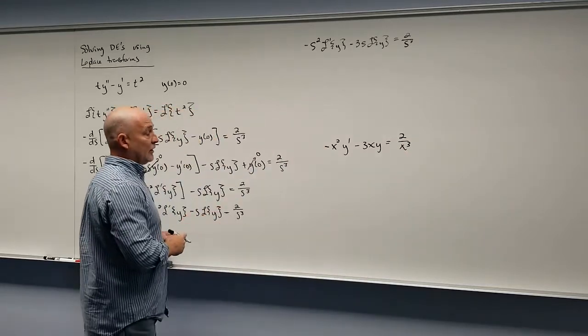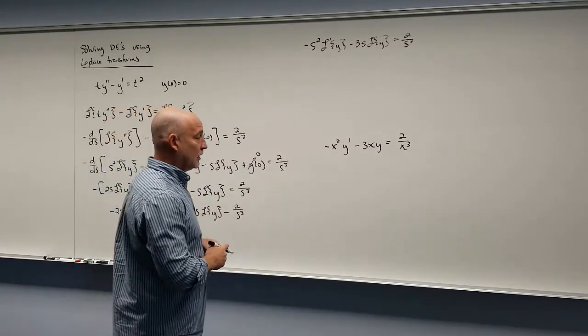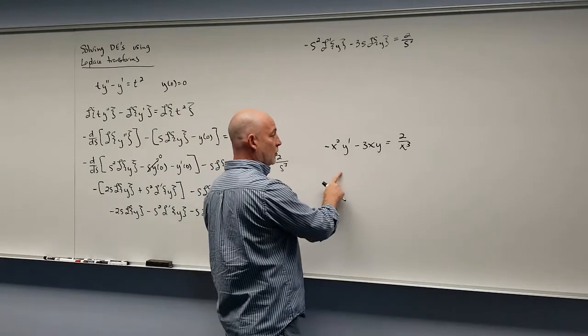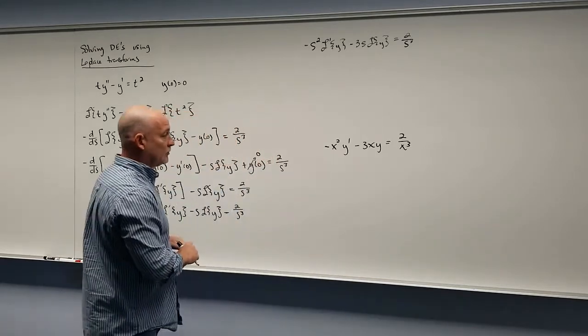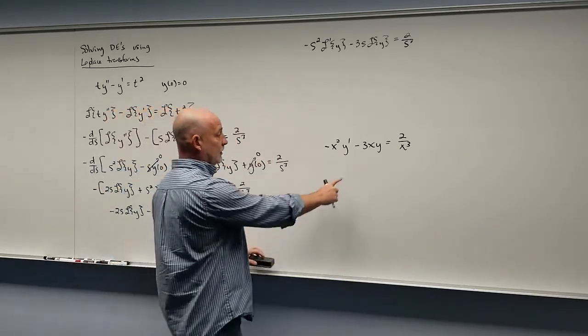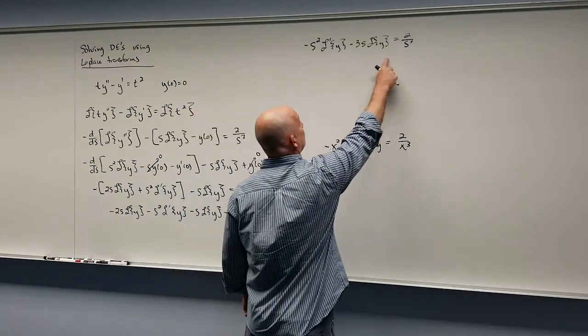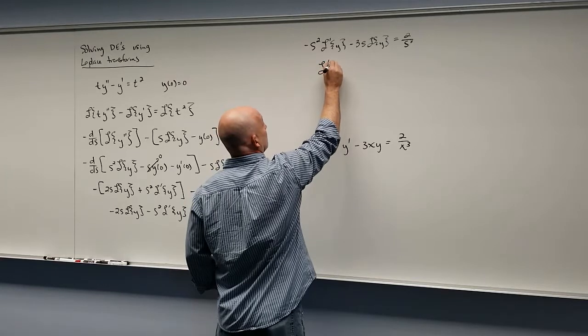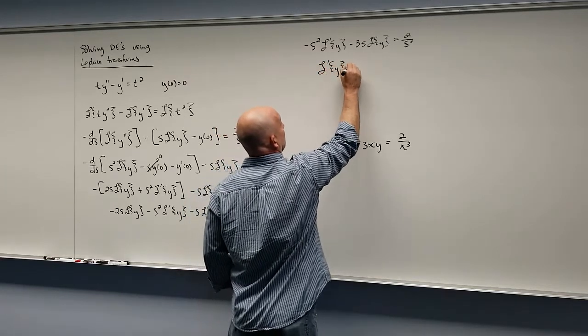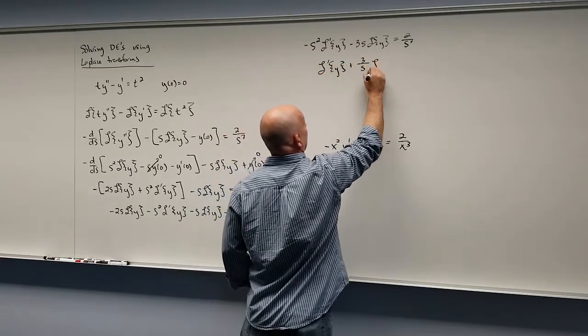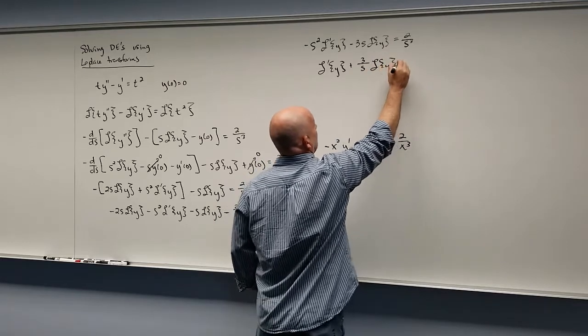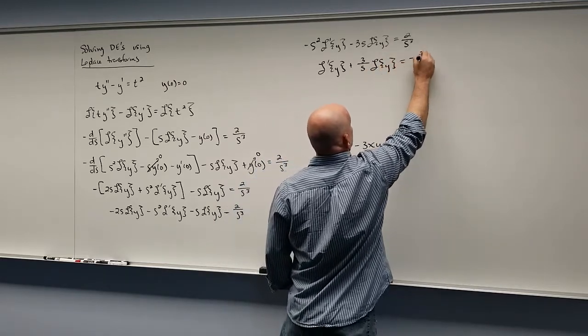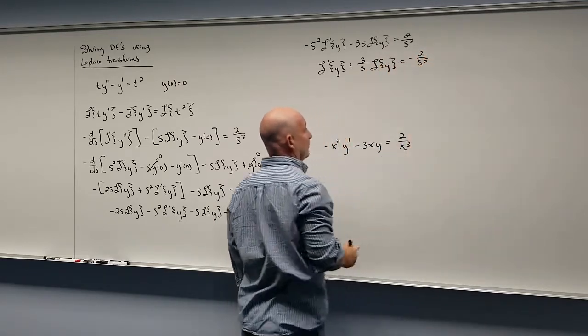I just changed up the letters a little bit, so it's what we're used to seeing. This is actually a first order linear differential equation. So the first thing we'd want to do is get the derivative alone. So we divide through by the negative s squared. That gives me the derivative plus 3 over s Laplace transform of y equals negative 2 over s to the 5th.